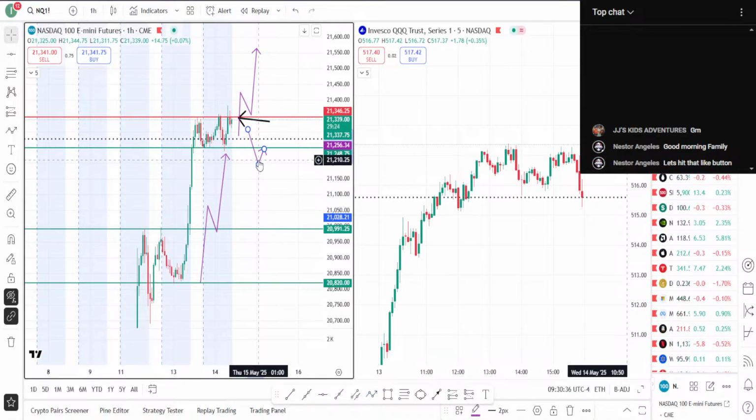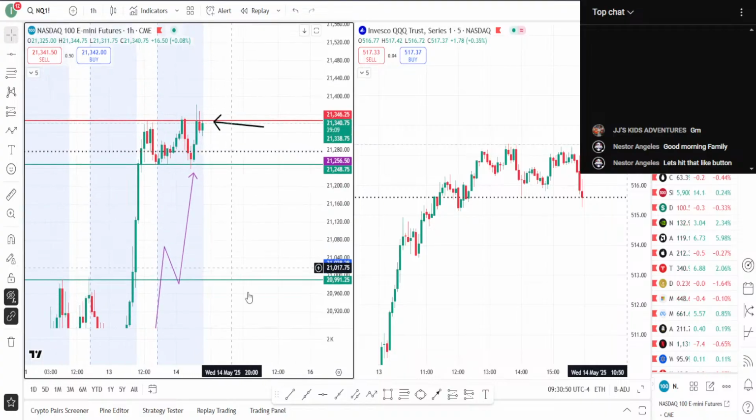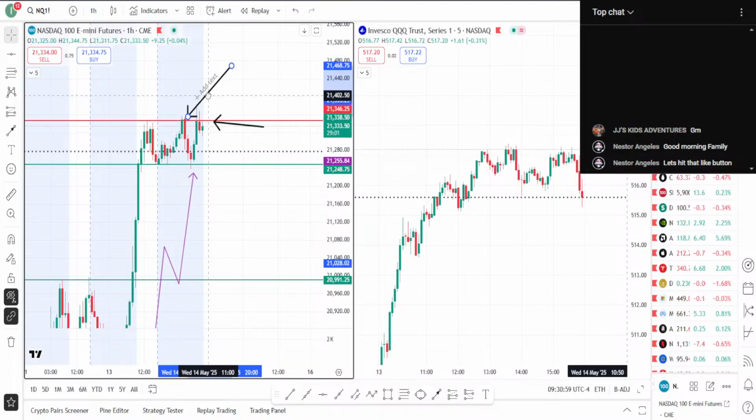Okay, but the initial move, as it's breaking out, it has to be strong. It has to be a strong move for you to buy the breakout, because what it's gonna do is, as you can see here, it's going to fake the breakout a few times. Look at it here.